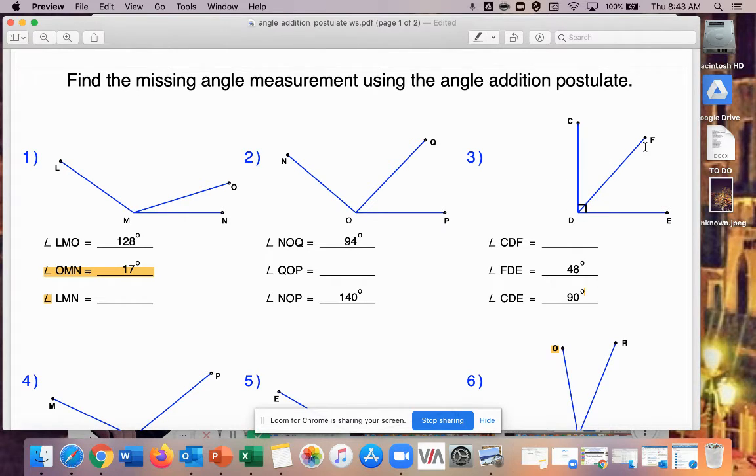We're given FDE, this section, and we're given the total, which is 90. This is a right angle, and this part cuts it into two separate parts. This part's 48. So we take the total, 90, subtract 48, and we get this section. 90 minus 48 gives us 42.